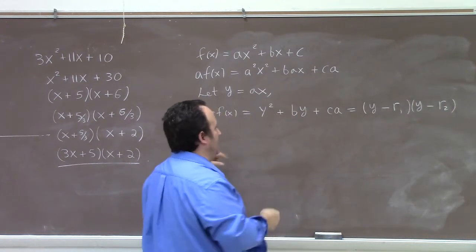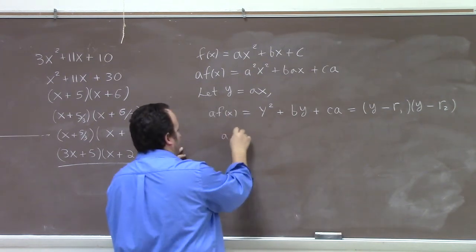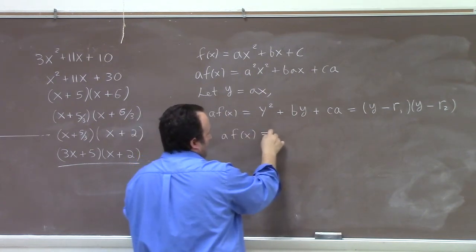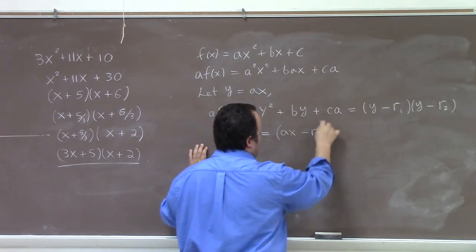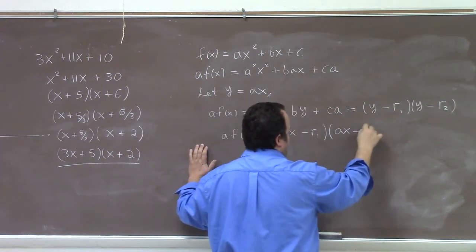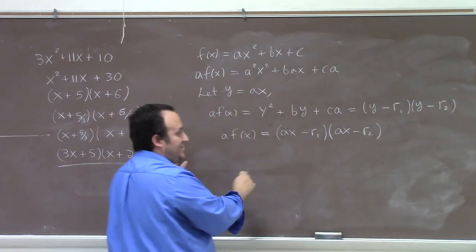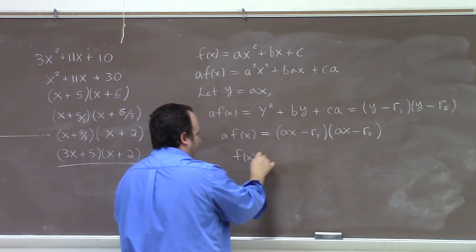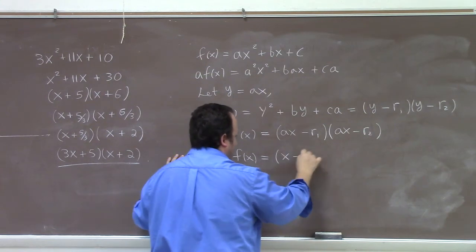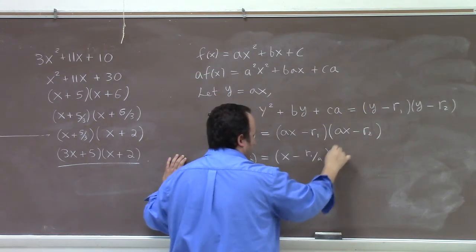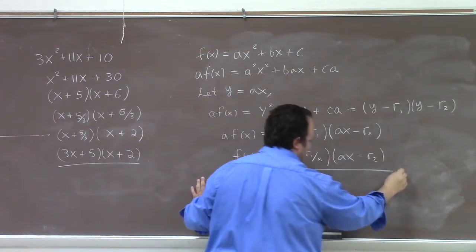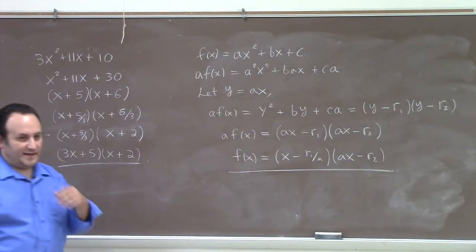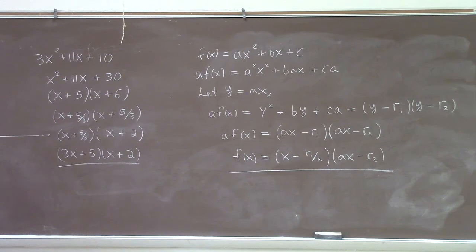And then what you've got is a times f of x equals ax minus r1 times ax minus r2. Then you divide that by a, and you get x minus r1 over a times ax minus r2, which is the slick result produced by slide and divide. So there is an underlying logic to it.